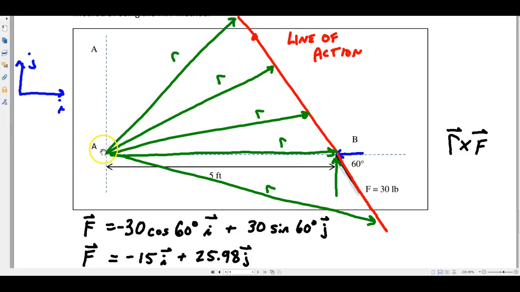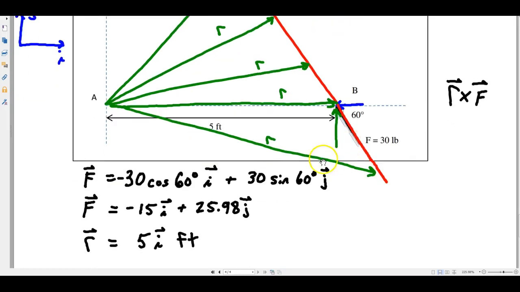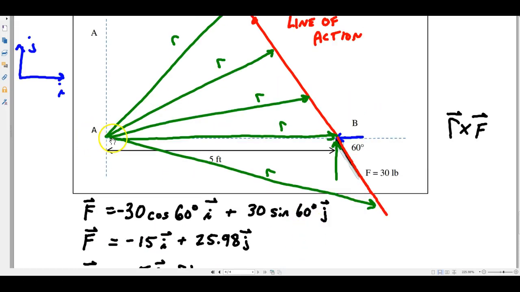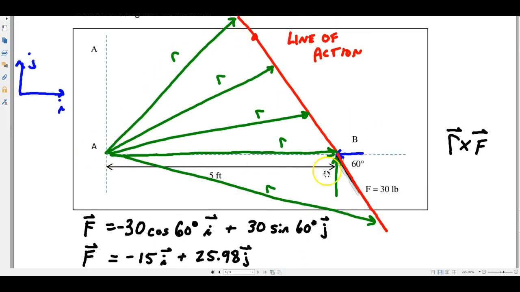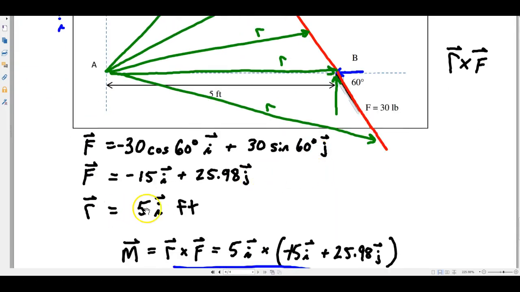The simplest way to go from A to the red line is to go straight across, and that's 5 feet. So the simplest r vector you could choose is simply 5i. You don't have to choose 5i. You could have chosen any one of these vectors, but why make it more complicated than it needs to be? Just choose straight across. r equals 5i.